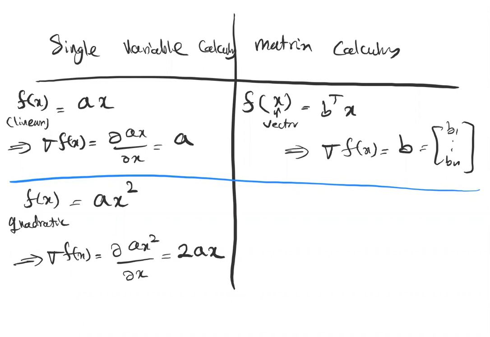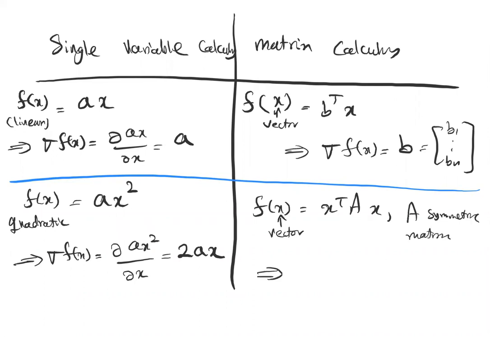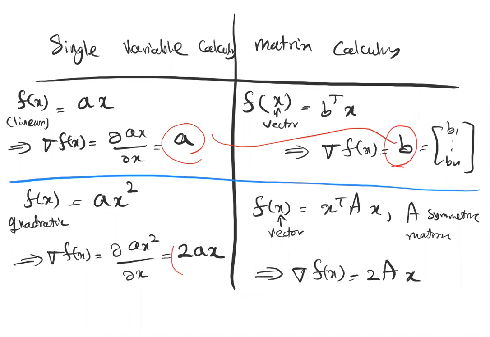And now we define our quadratic form, where x again is a vector, as x transpose Ax, with A being a symmetric matrix. So gradient of f of x is going to be 2 matrix A multiplied by x. So this way you have a general idea of how matrix calculus and single variable calculus could be related.